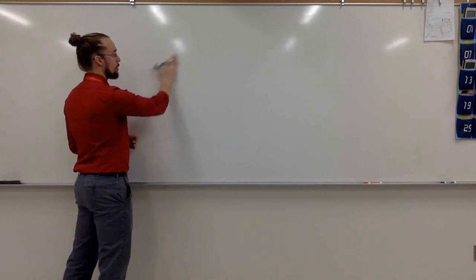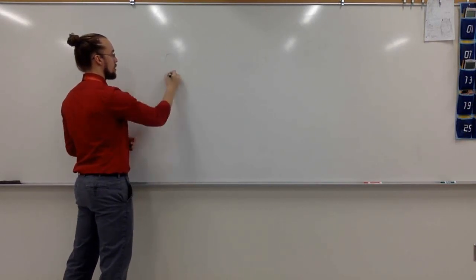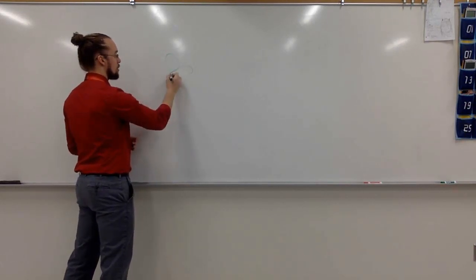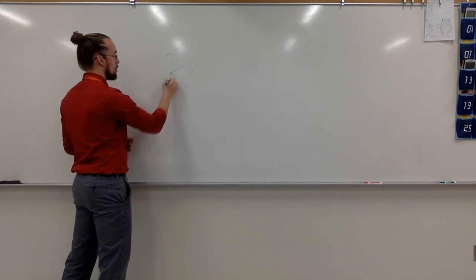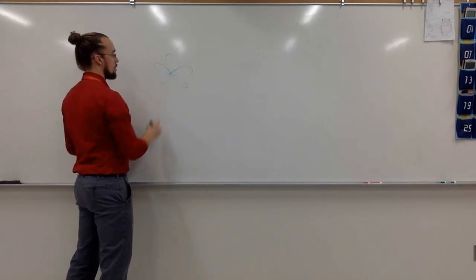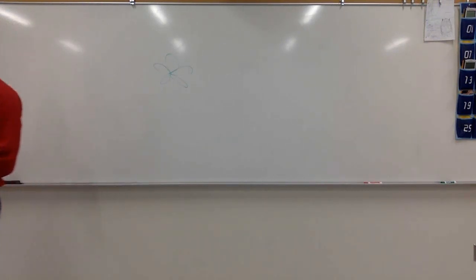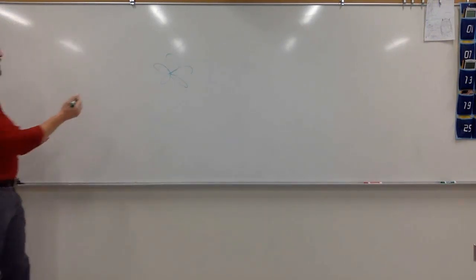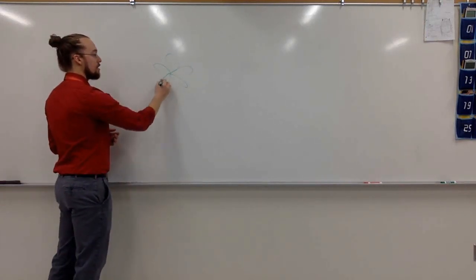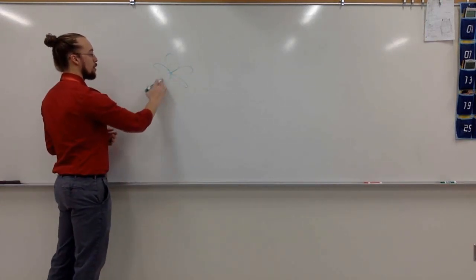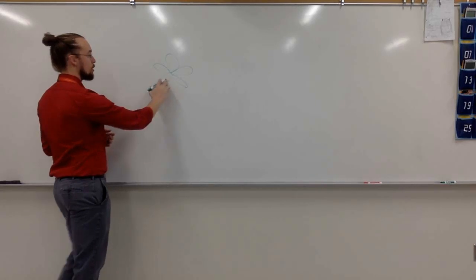I don't want to do that many petals. How about just five. Assume those are all the same size. We've got this flower, and let's assume all the petals are symmetric and all the same size here.